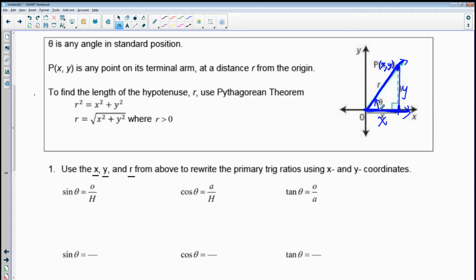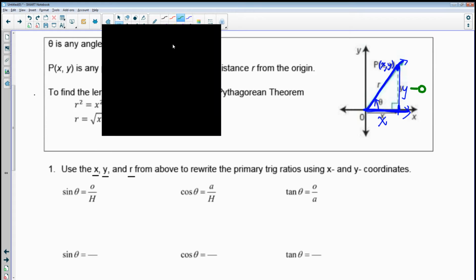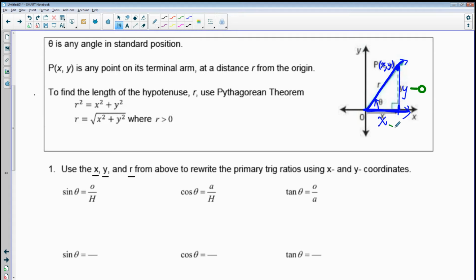Then you immediately realize that y is just the opposite. X is actually the adjacent. Now we also need an analogy for r. R is the radius. R is going to be the length of the terminal arm inside the triangle. How can we find r?